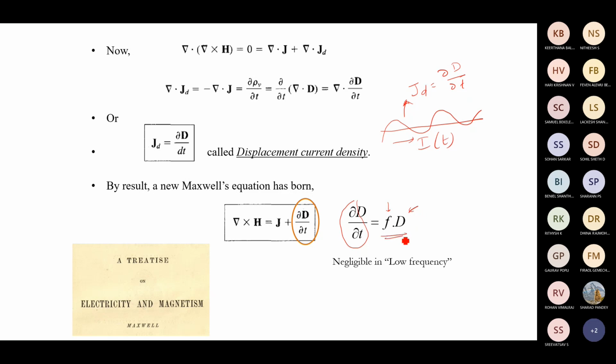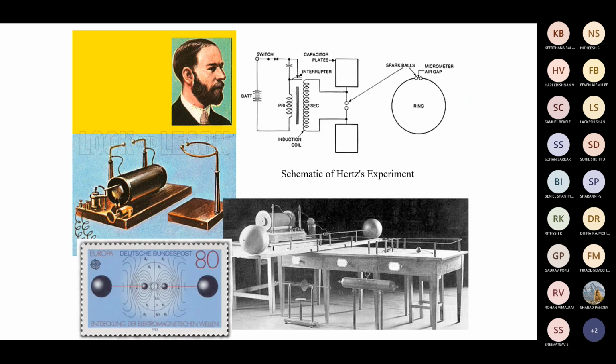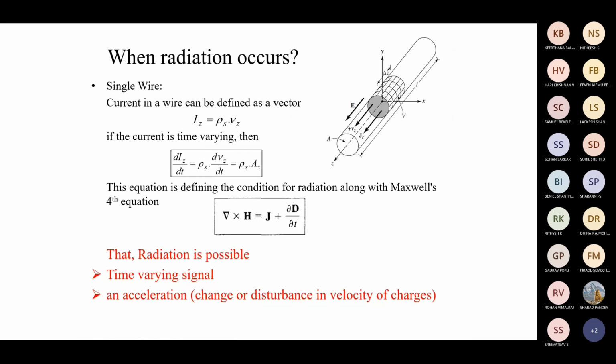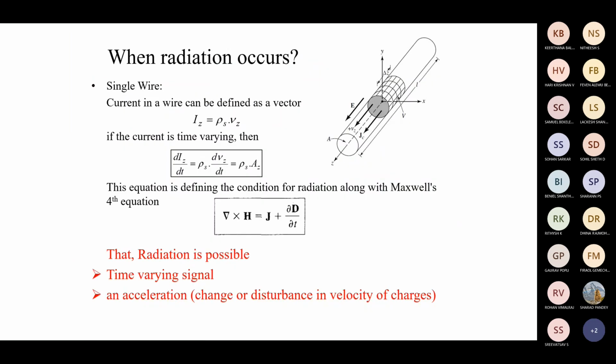So if this is so, whether we can prove it or not, this is already proven in Hertz's experiment. This was very well proven, and all your mobile phones, everything works in this same way. So what is actually happening is that if we take a wire and send a time varying signal, that means we are giving a signal with a frequency that is not equal to 0.